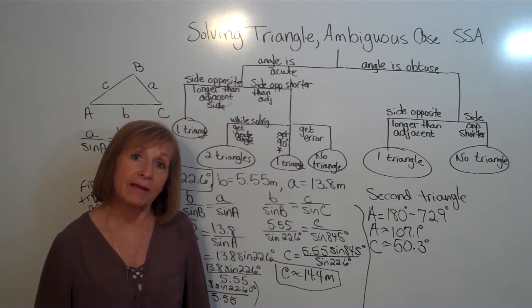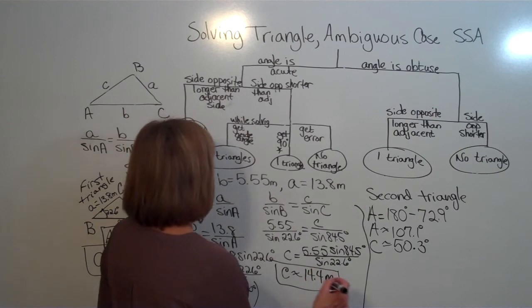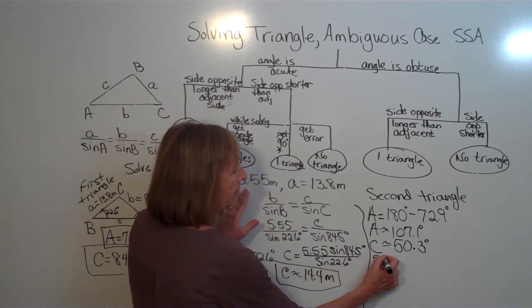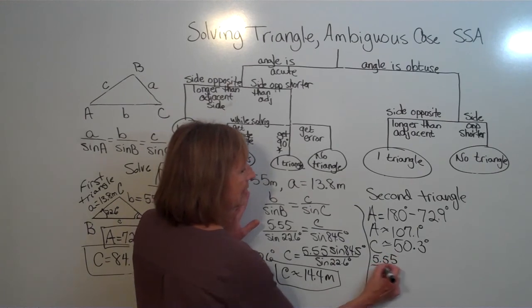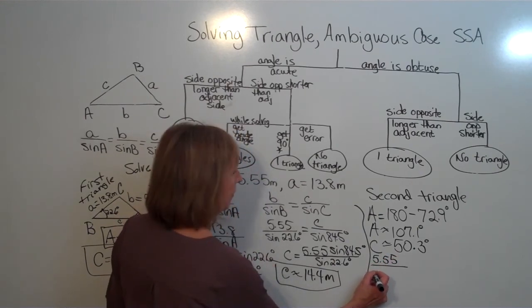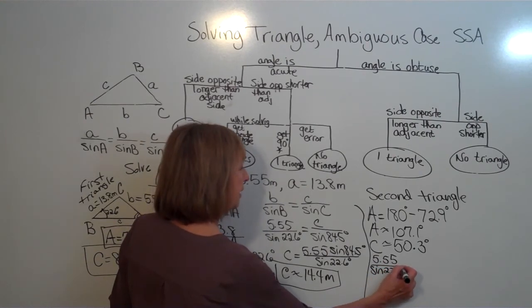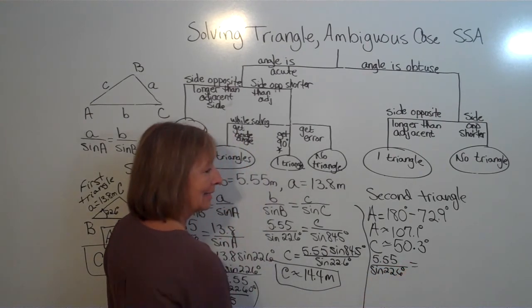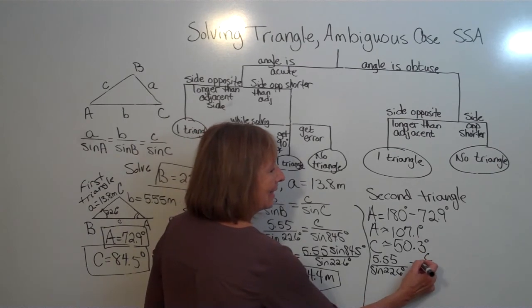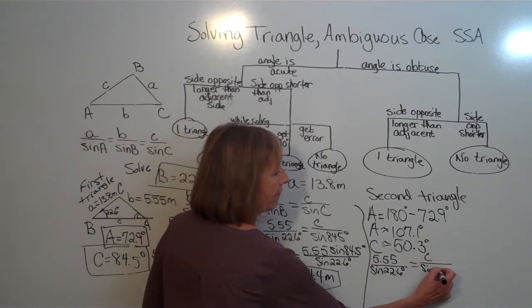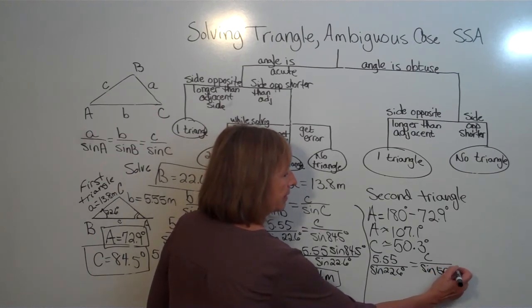And lastly, we need to find side c. So we're going to do our side b, 5.55, is to the sine of angle B, so is to the sine of 22.6 degrees, as side c is to the sine of angle C, so is to the sine of 50.3 degrees.